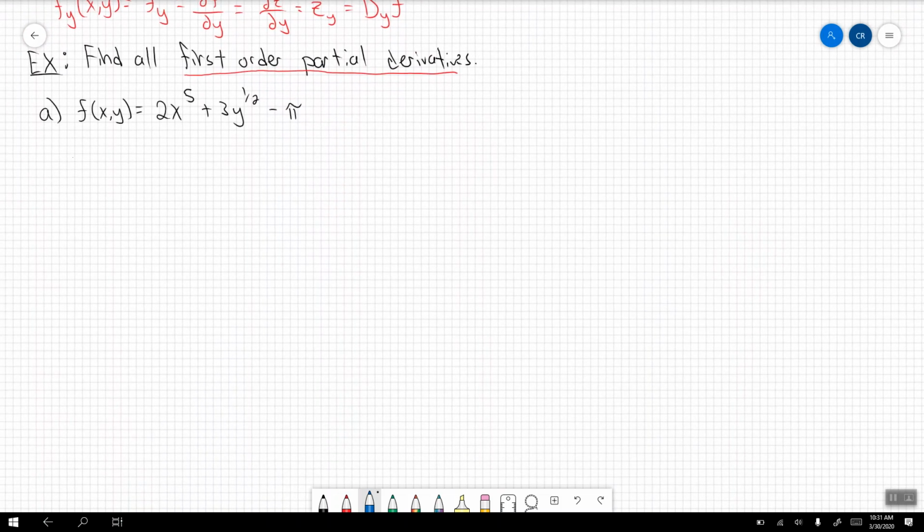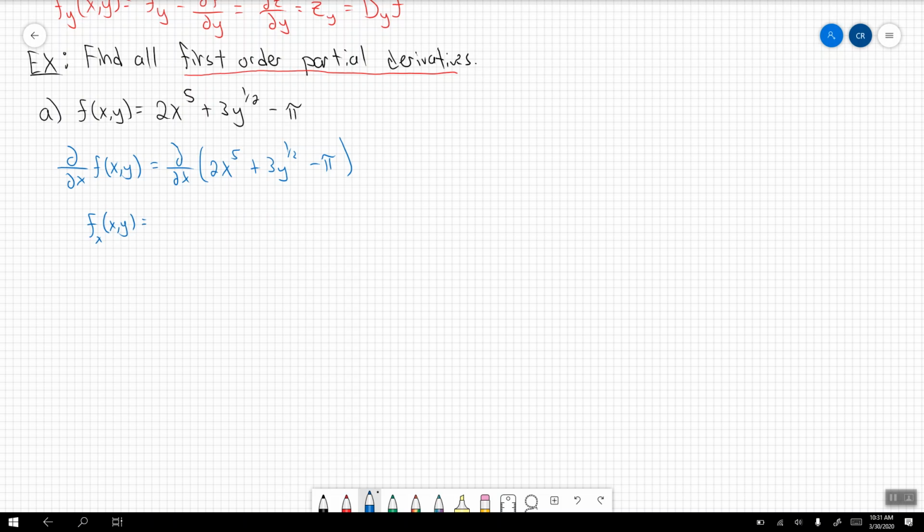The first derivative that I'm going to be looking at, I'm going to take the partial with respect to x for this function f of x y, which means I'm taking that partial derivative with respect to x for 2x to the 5th plus 3y to the half minus pi. On the left-hand side, I'm going to use my notation to say I'm taking the partial of this function with respect to x, so naturally it's going to look like the partial with respect to x for this function f of x y.